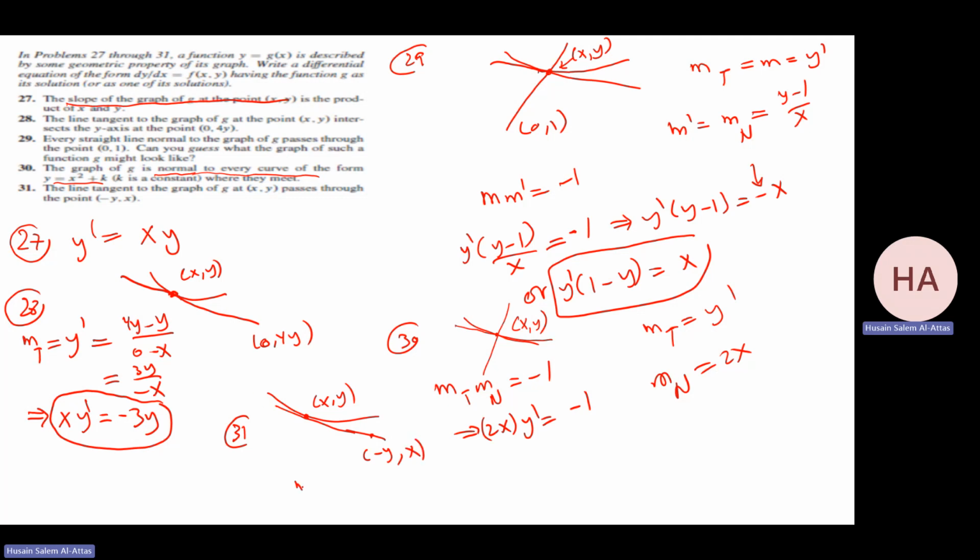The slope of the tangent, which is Y prime, will be Y minus X over X plus Y. So the equation is X plus Y, Y prime equal Y minus X.